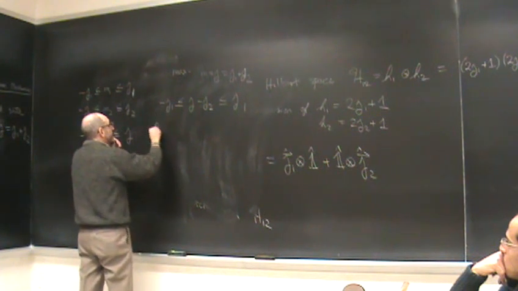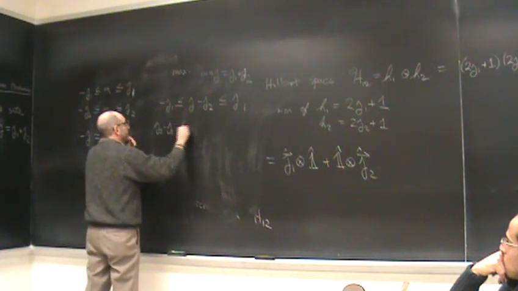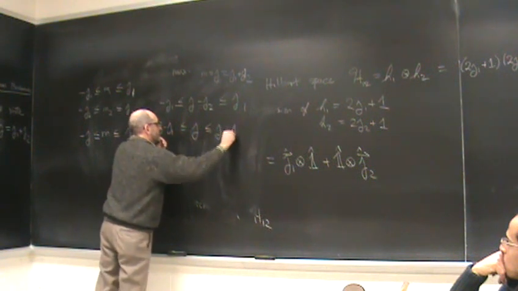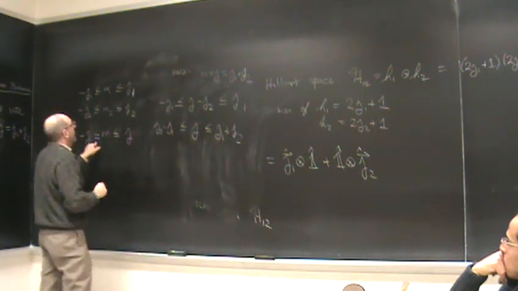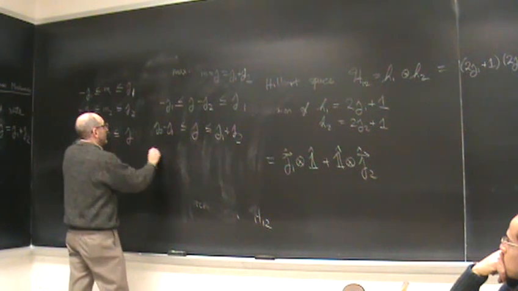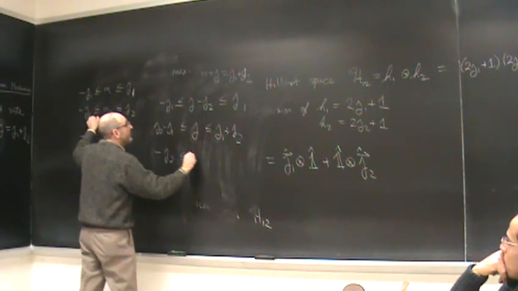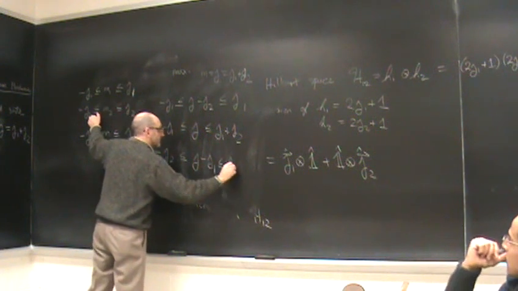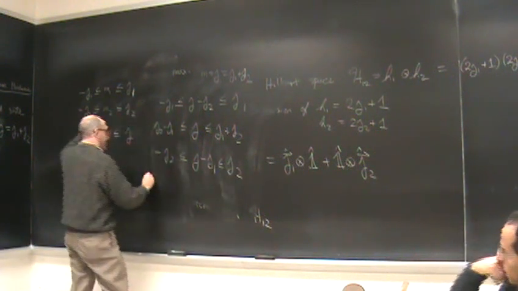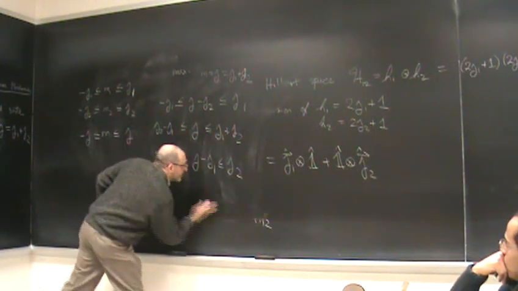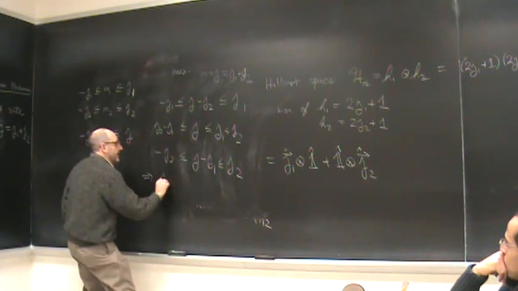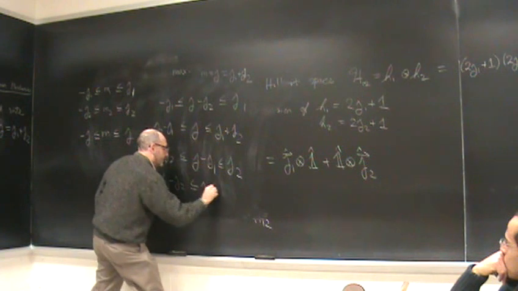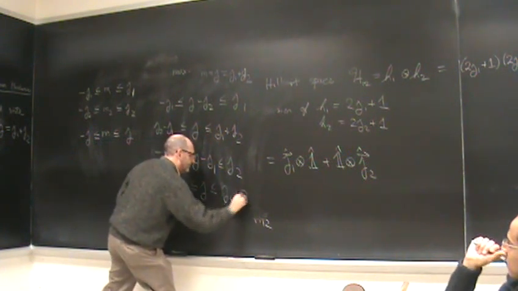So this says that this is J2 minus J1. So J must lie between these guys. Or the other way around, minus J2 is between J minus J1, J2, which says that J1 minus J2, J is between J1 plus J2.